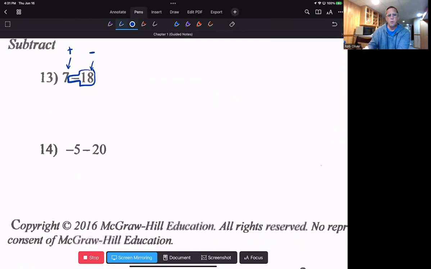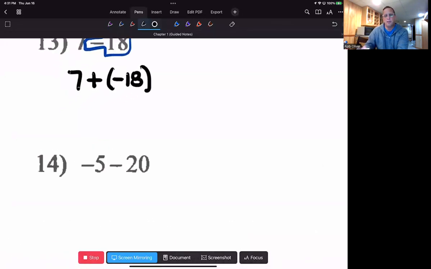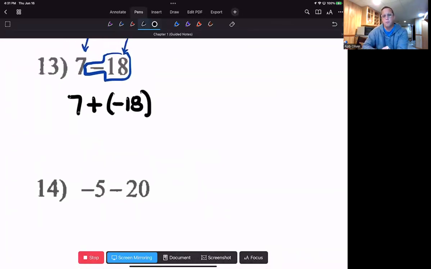So another way to write this, which I think sometimes helps people think these through a little better, is to write it as 7 plus negative 18. If you think of it that way, you're less likely to make a mistake about whether you're adding or subtracting.